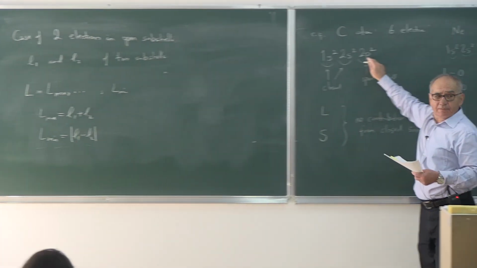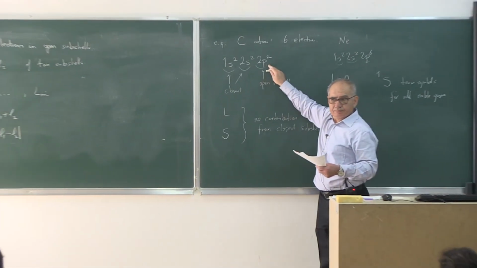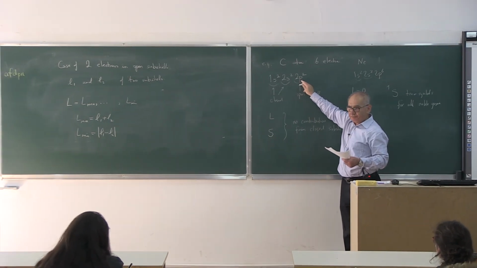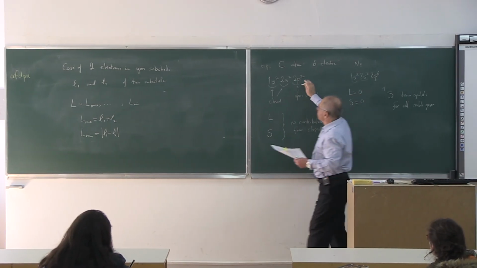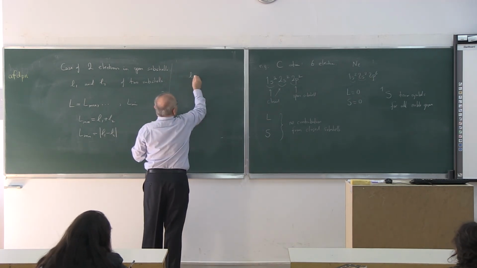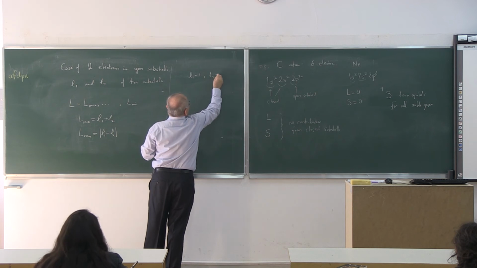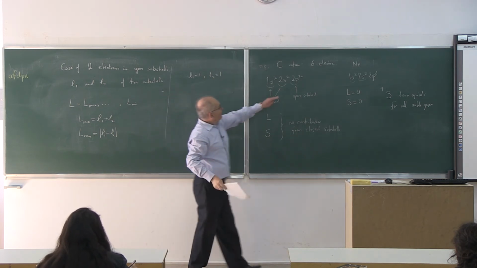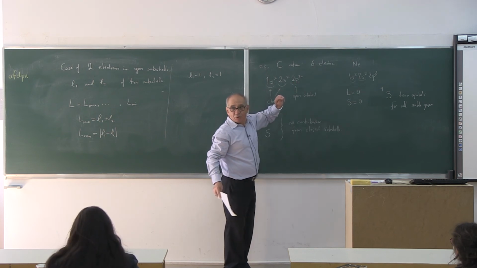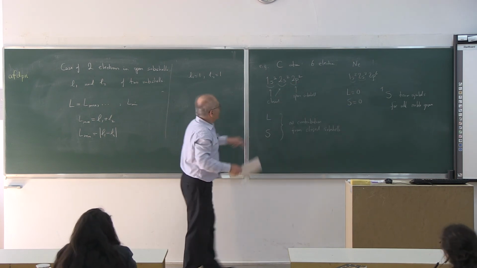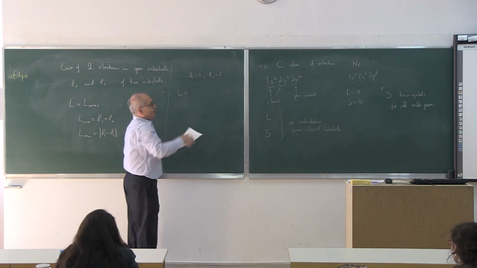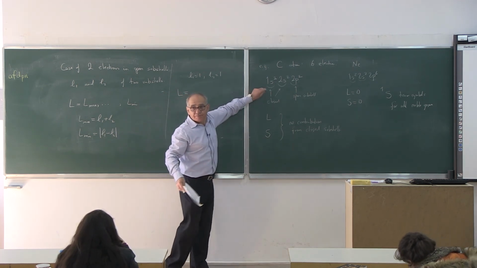Here is an example. There are two electrons in the open subshell. For the carbon atom. So L1 is 1 and L2 is also 1. Both electrons in the same 2p subshell. So here values for the total L arising from this configuration.